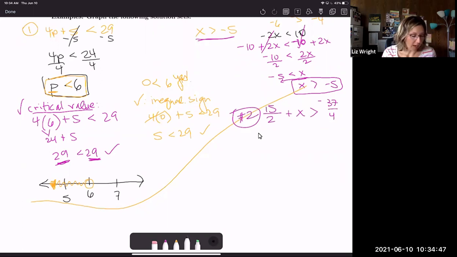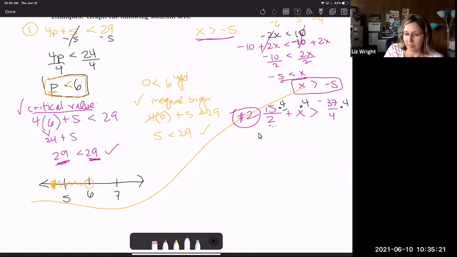All right, you have an option here. You can either get a common denominator of 4, or you can eliminate your denominator and multiply everything by 4. I am going to choose to do that. If you would rather get a common denominator and then bring that 15 halves over and set your x equal to that value, go for it. I'm going to multiply this by 4 and this by 4 and this by 4.